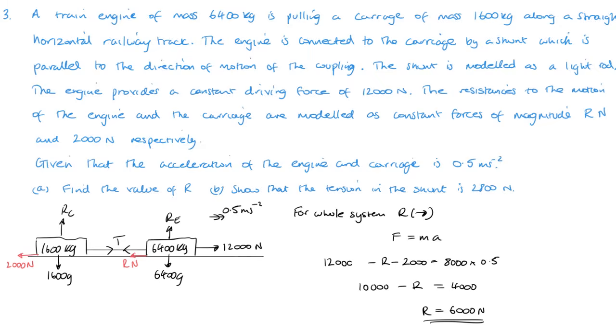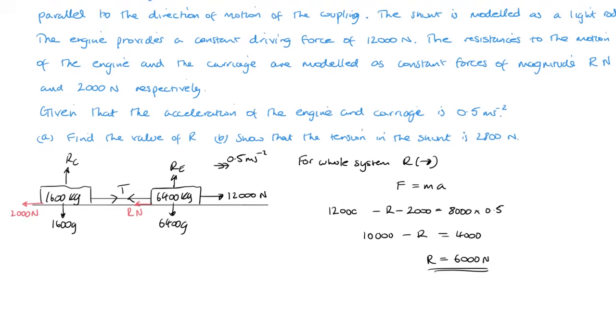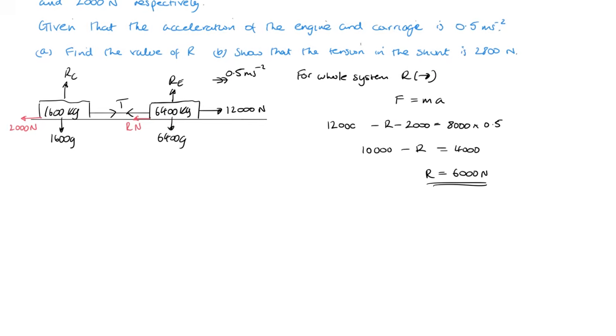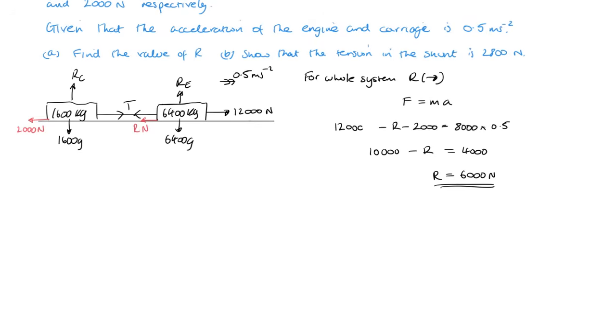Now we've got to find the tension in the shunt. So let me just move that up, give me some room. So for B, let's look at the carriage. And we're resolving horizontally. So pulling it forward will be the tension. Going against it then will be the 2,000 newtons.